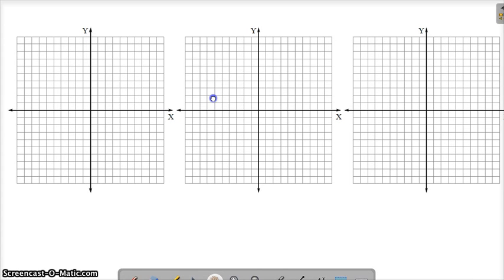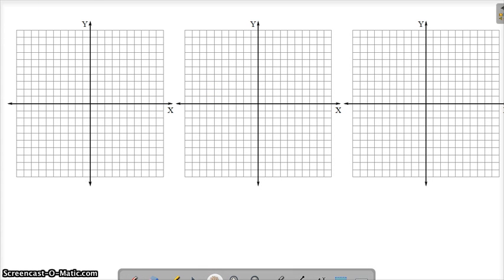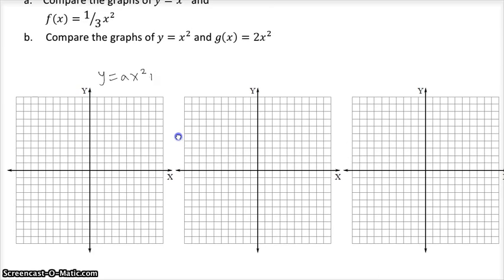To start with, I just want to make sure that we're aware that the general form for a parabola looks like this. That's the general form of a parabola, and we're going to look at how a parabola looks when you change specific things about it.